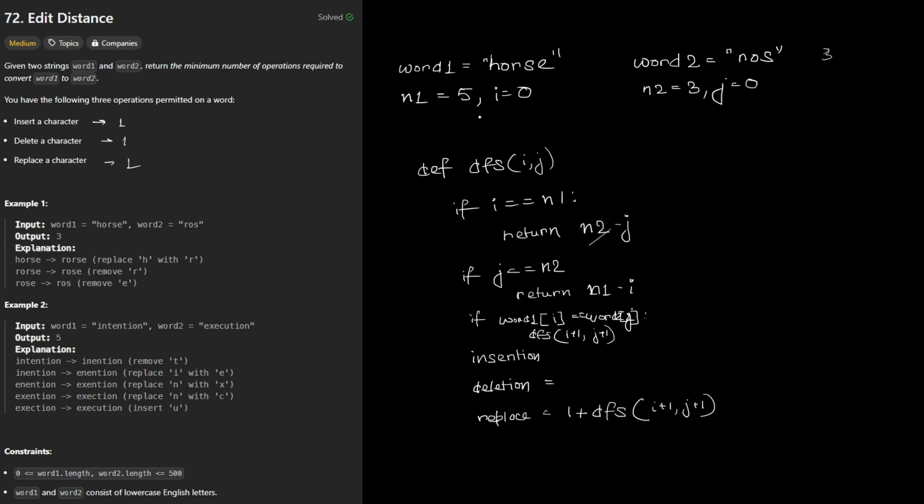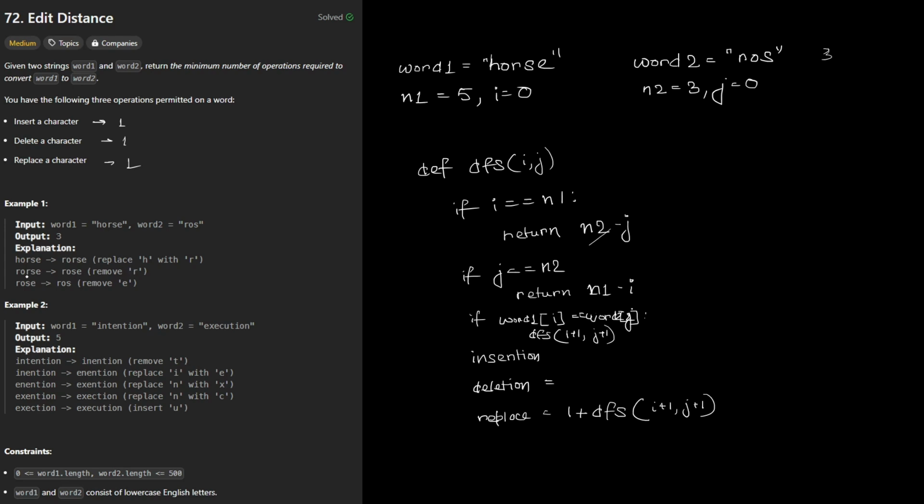Now for deletion, we need to remove r. So how to remove r from the first one?